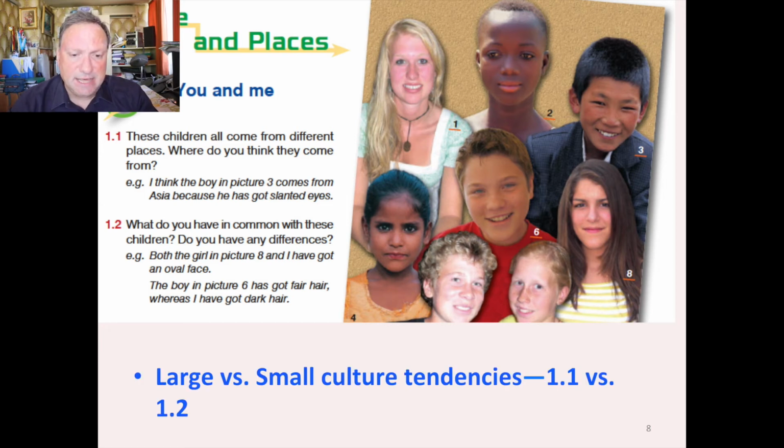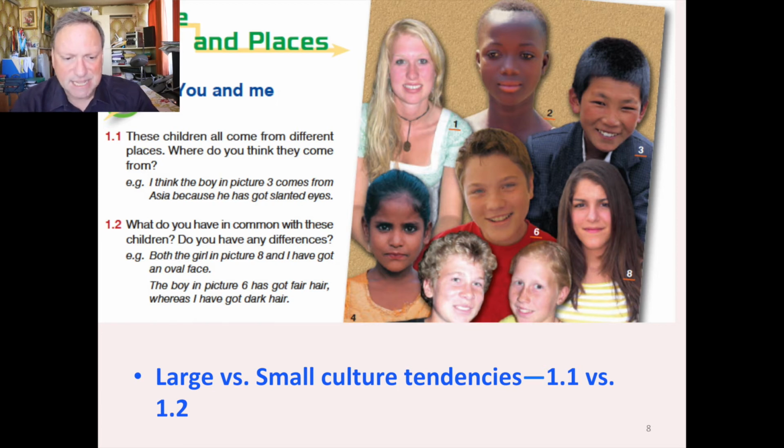Well, as you can see, in 1.1 there's a focus on place as linked to the characteristics of people supposedly from that place. This is part of a large culture tendency which links a place, a people, a culture and a language as a package.